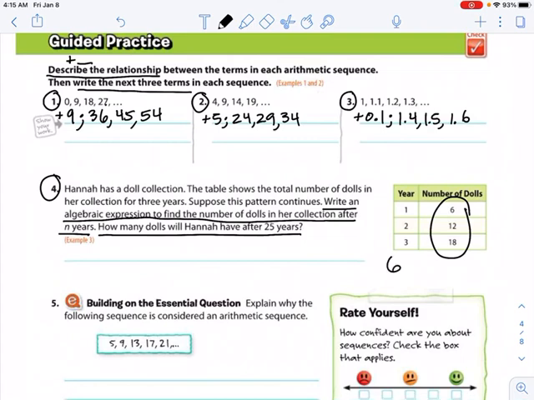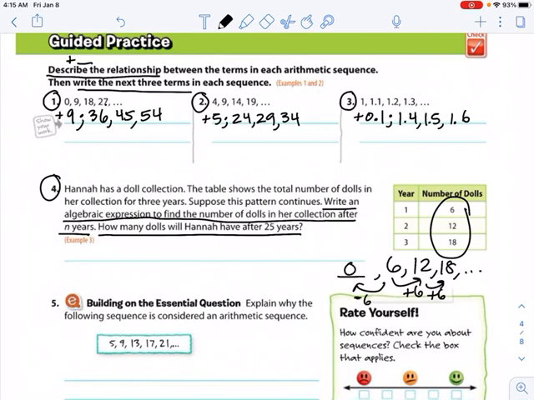So this sequence would be 6, 12, 18. We know it's going to continue. If we were to go back a term, let's see what it would be. This relationship we know is adding 6, so to go back a term, we're subtracting 6, and that would be 0.